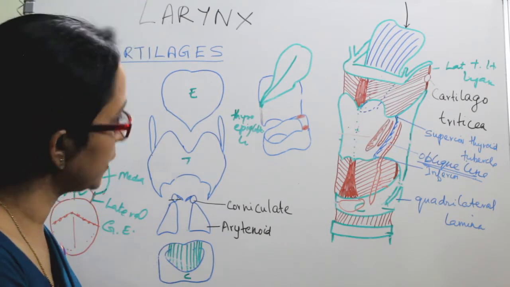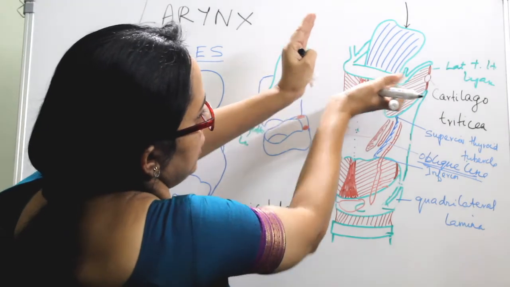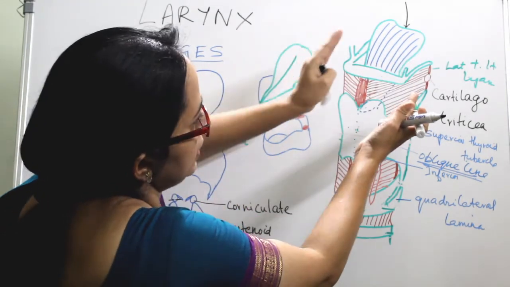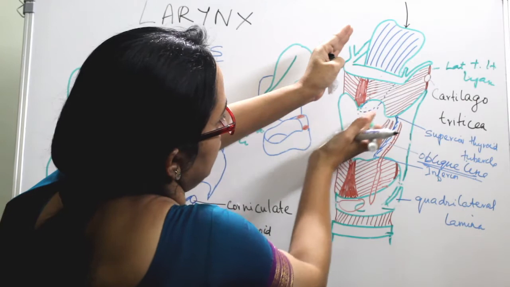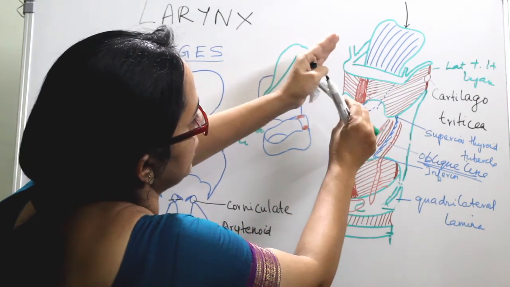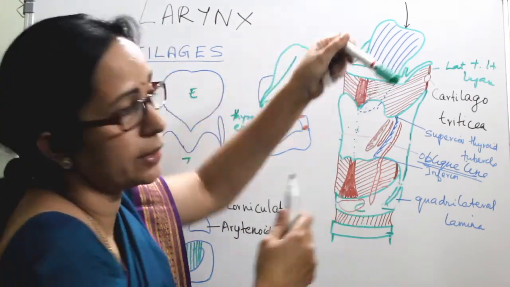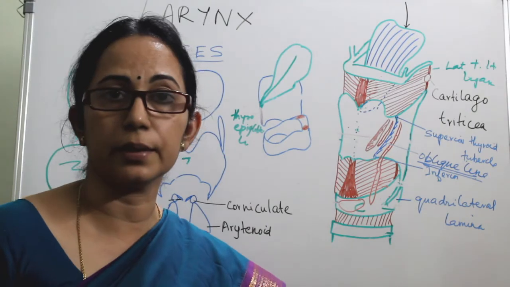And the space between the hyoid bone and the epiglottis: if this is the hyoid bone, it goes below this to the thyroid cartilage, and in between there is a connection from the epiglottis to the hyoid bone called the hyoepiglottic ligament.